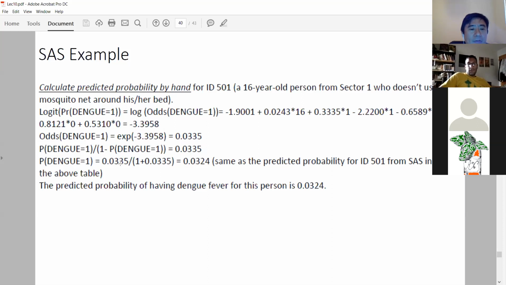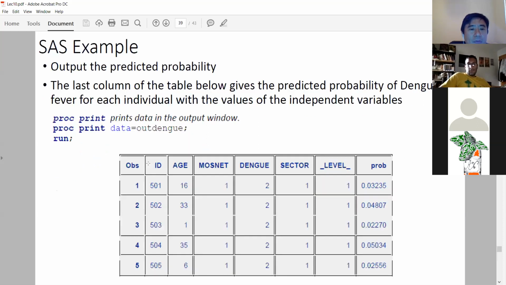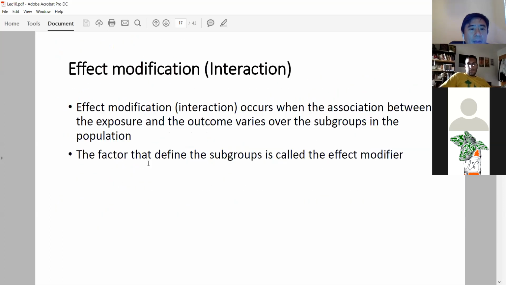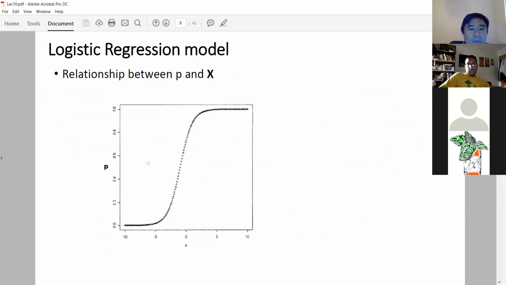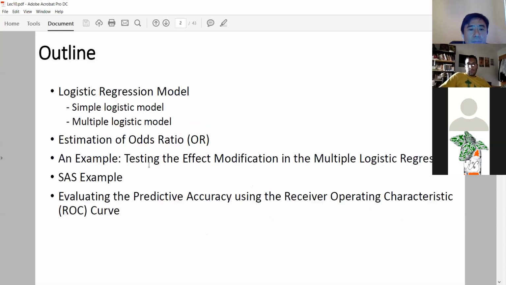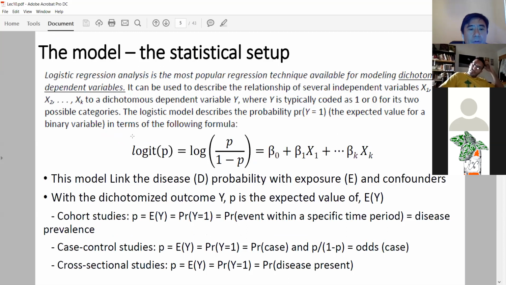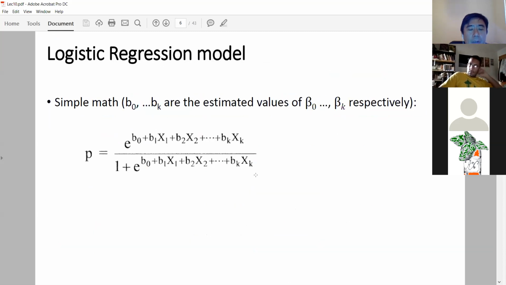Algebra. And this is called the logit function. So if you look at here, this is actually from this one right here, right? Because it's also equal to exponential of this whole thing divided by 1 plus.